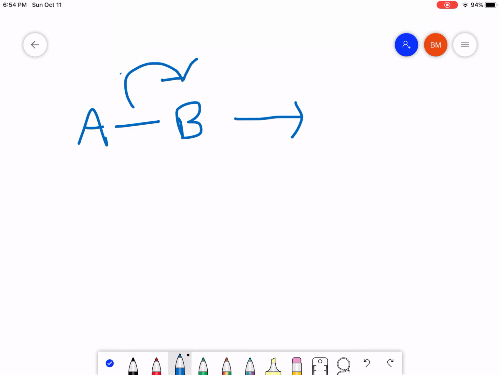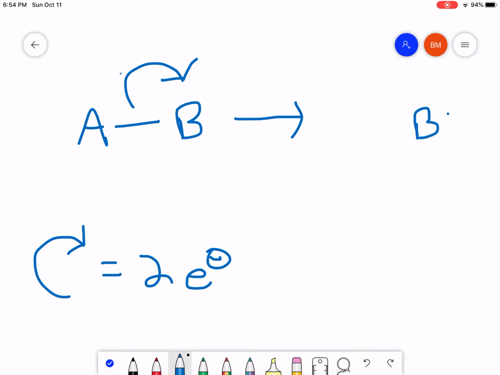In this case, we draw a double-headed arrow. That means you're moving 2 electrons, or 1 electron pair. So that means the B gets both the electrons. So it's got an extra unshared pair. And since it was neutral before, now, since it's gaining a pair of electrons, it's going to go negative.